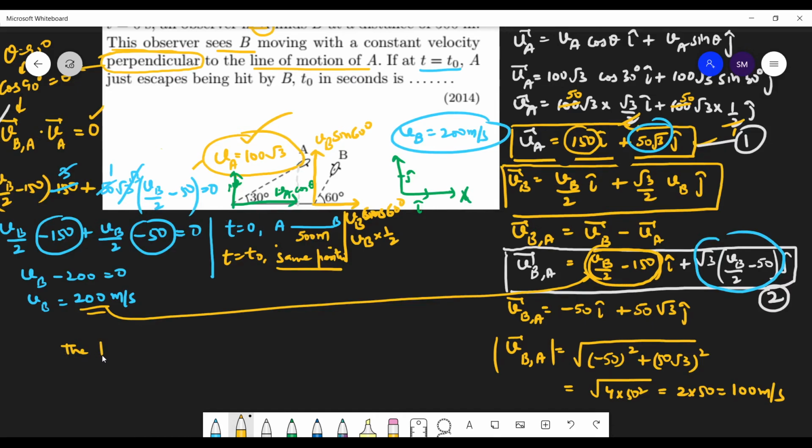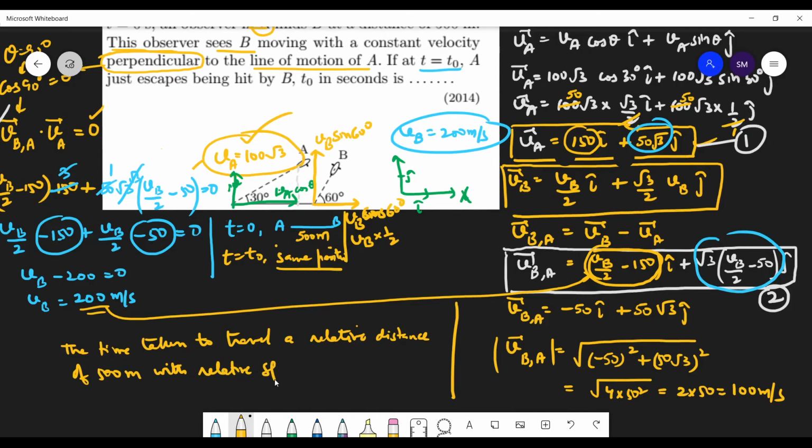So the time taken to travel a relative distance of 500 meter with relative speed of 100 meter per second, that you have calculated, VBA is 100 meter per second.